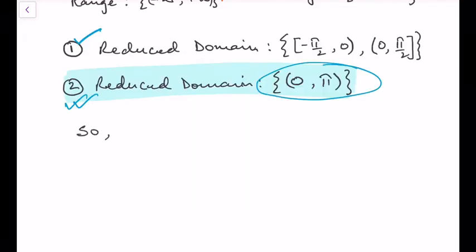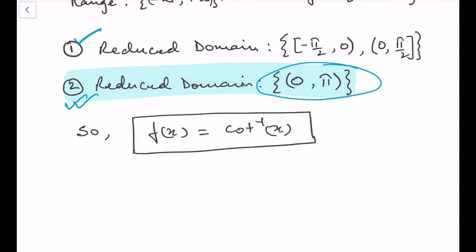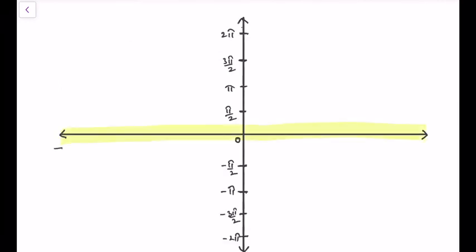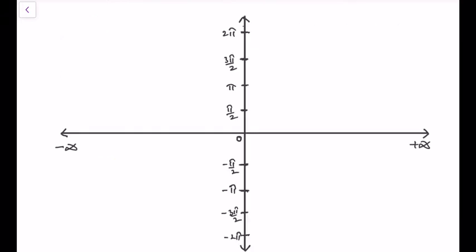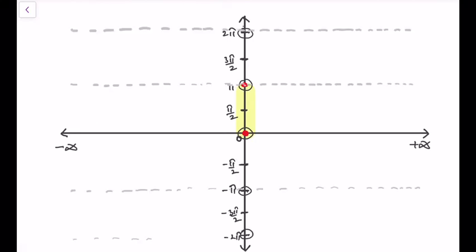So for the function fx is equal to cot inverse x, domain is from minus infinity to plus infinity, and the range is from 0 to pi, and we will have horizontal asymptotes at 0 and pi.